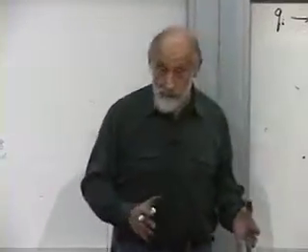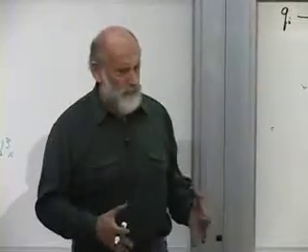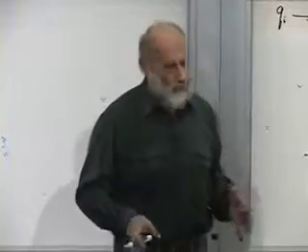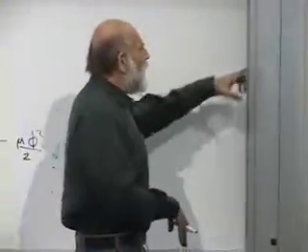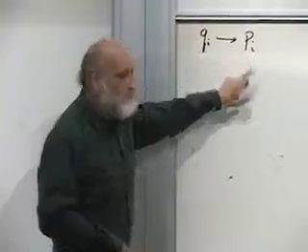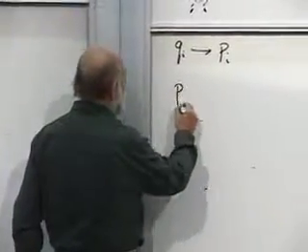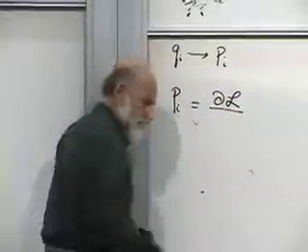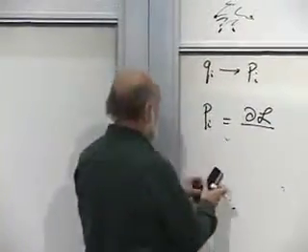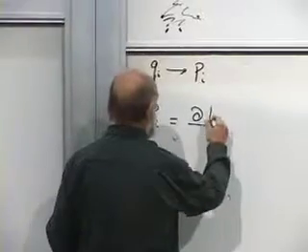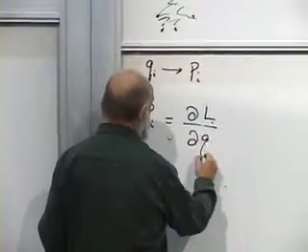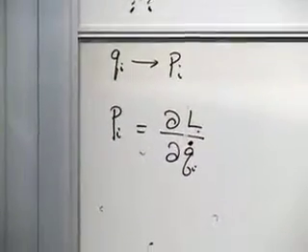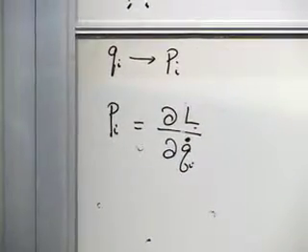Angular momentum, for example, doesn't look all that much like ordinary velocity, and there are lots and lots of other examples which look even less like ordinary velocities of things. But what is the definition of p sub i? P sub i is by definition the derivative of the Lagrangian with respect to q sub i dot. It's the thing on the left-hand side of Lagrange's equation.